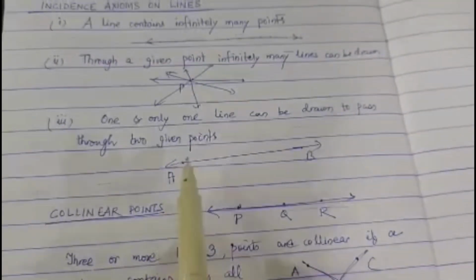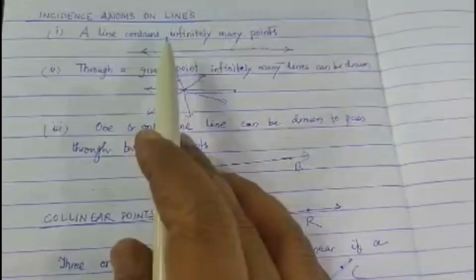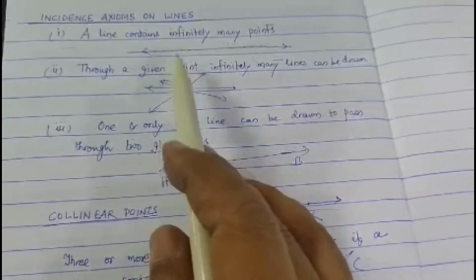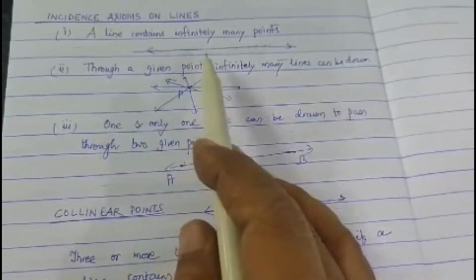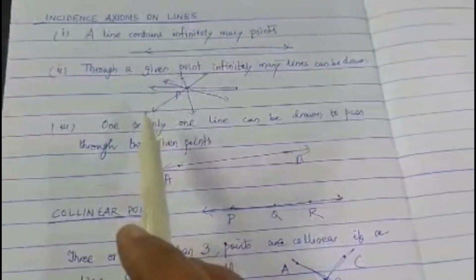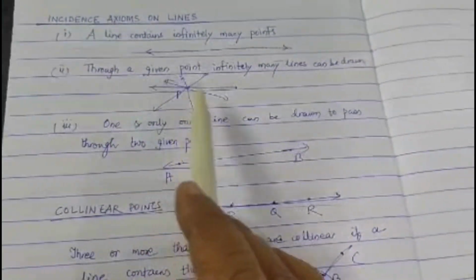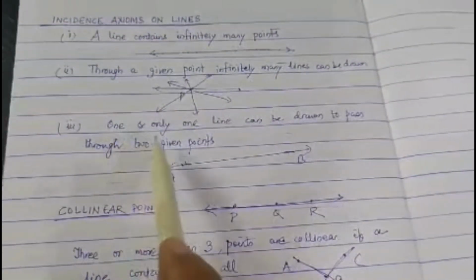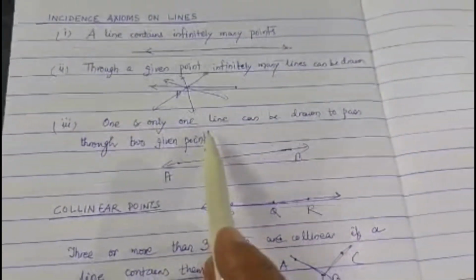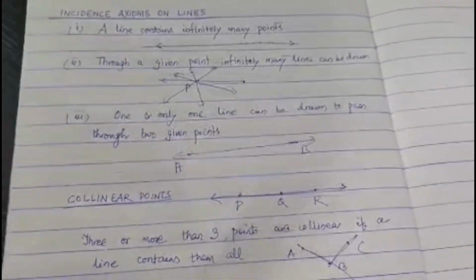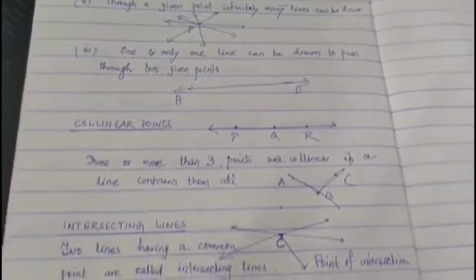And then the incidence axioms on lines. First, a line contains infinitely many points. It's an obvious thing, you all know it very well. Through a given point, infinitely many lines can be drawn. Third, one and only one line, called the unique line, can be drawn to pass through 2 given points. So I hope all these definitions are clear.